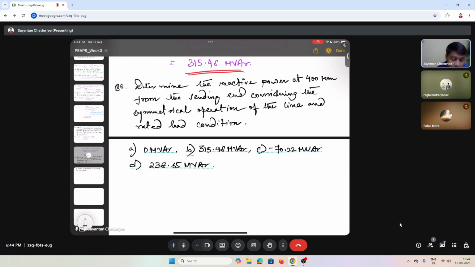That means the line was 800 kilometers, so 400 kilometers would be some value of x. Okay, A. Yes, A is the correct answer.